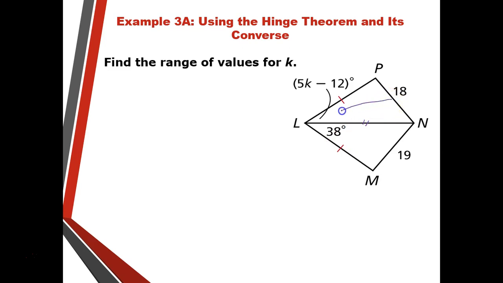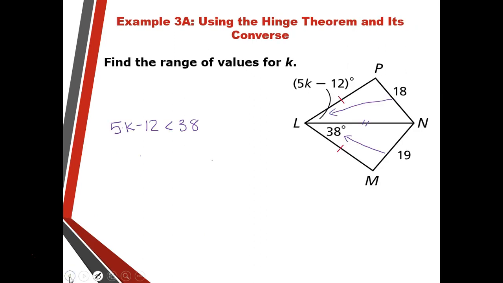So this angle that's opposite of this side and this angle that is opposite of this side, we can apply the hinge theorem to. Since 18 is less than 19, this angle right here is less than 38 degrees. So that's how we're going to write it out. We're going to say 5K minus 12 is less than 38.